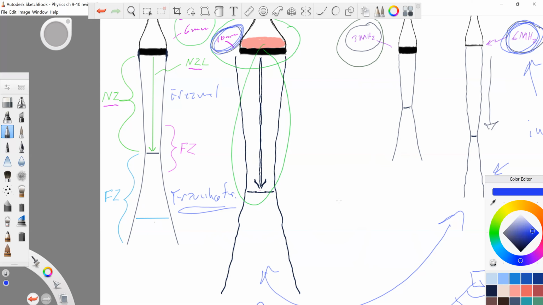Beginning of the far zone is right there. The focal depth is right there. Beginning of the Fraunhofer zone is right there. It's 3 different ways of saying the same thing. However, letter B is beginning of the focal zone, which is right here. So that is the shallowest.